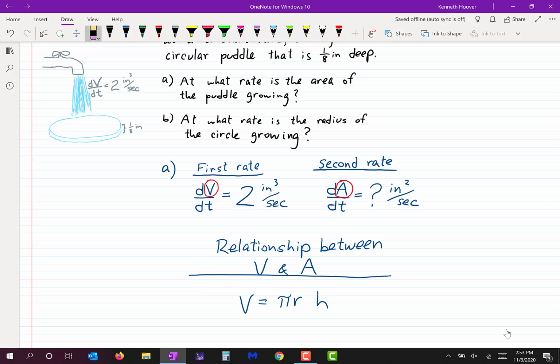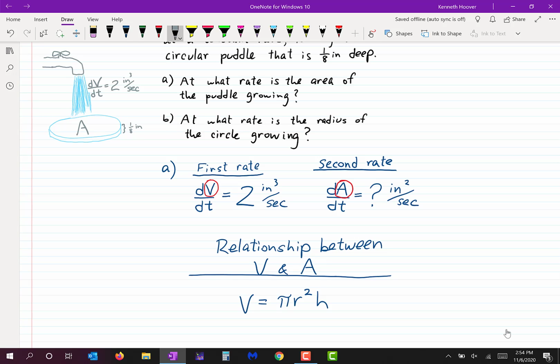And again, if you didn't know that, what would you do? You would look it up. I don't expect you to remember everything you've learned in your life. If you don't remember how to find the volume of a cylinder, you can look it up. Now I'm trying to find a relationship between volume and this area up here.